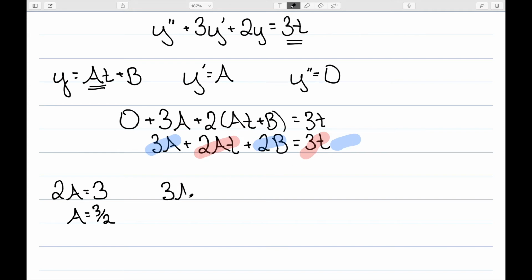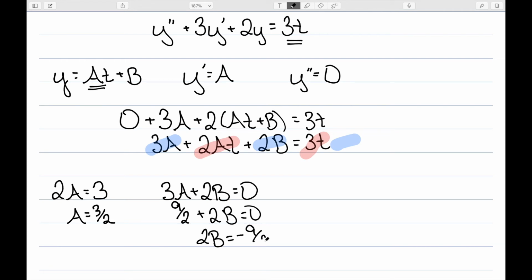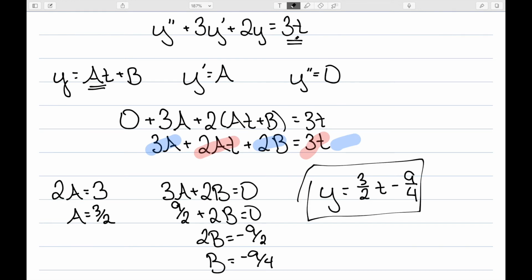So we have 3a plus 2b is equal to 0. We already know a is 3 halves, so I have that 9 halves plus 2b is equal to 0. That tells me 2b is equal to negative 9 over 2, or b is equal to minus 9/4. So my solution is y equals 3 halves t minus 9/4. So this would be the solution to this differential equation.